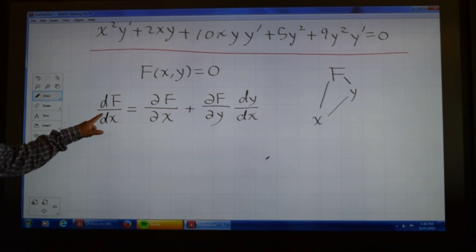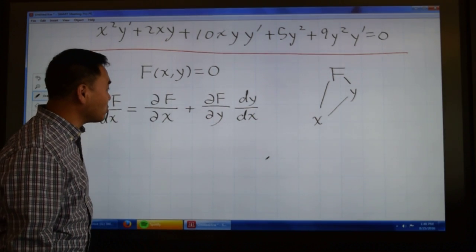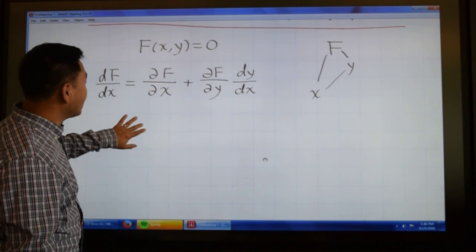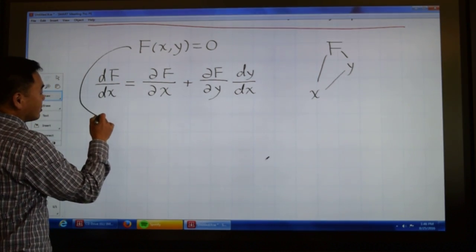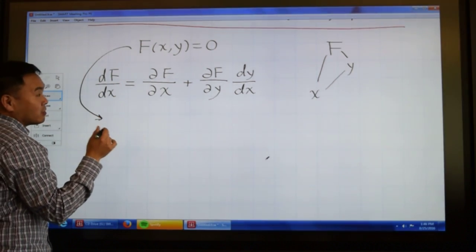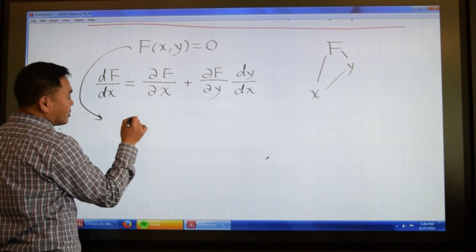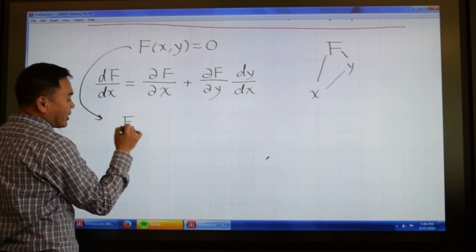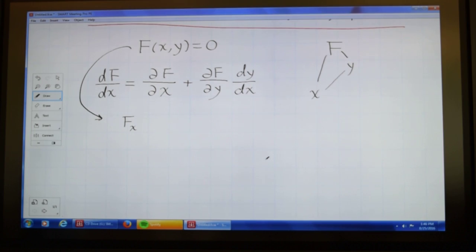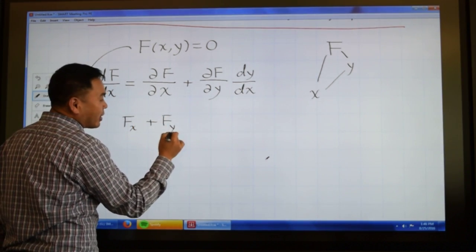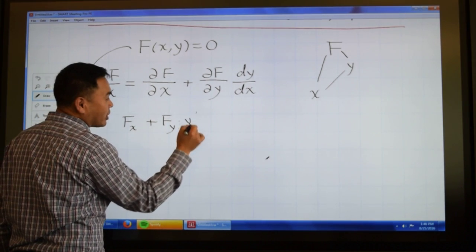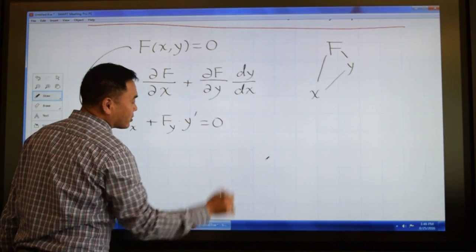So because the left side is exactly this, we see that once you take this and you differentiate, you end up with the following form. You get f differentiated by x, partial derivative with respect to x, plus f differentiated by y times y prime equal to 0.